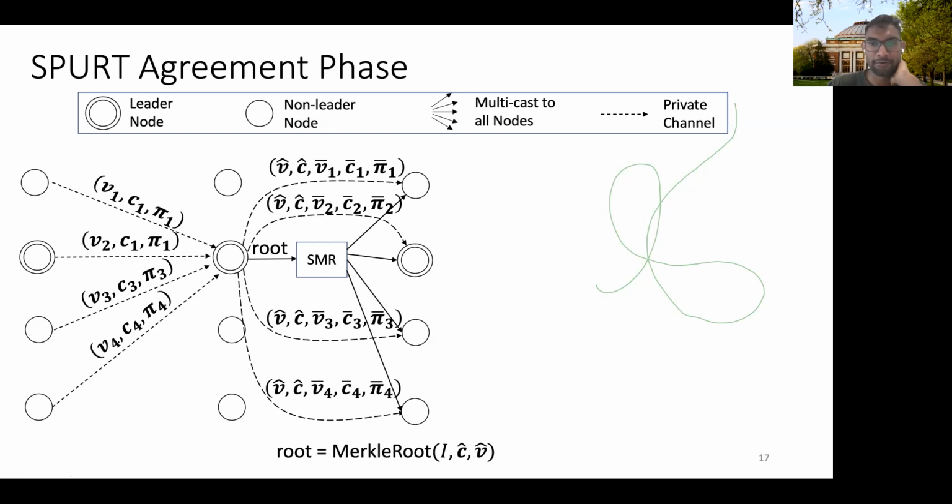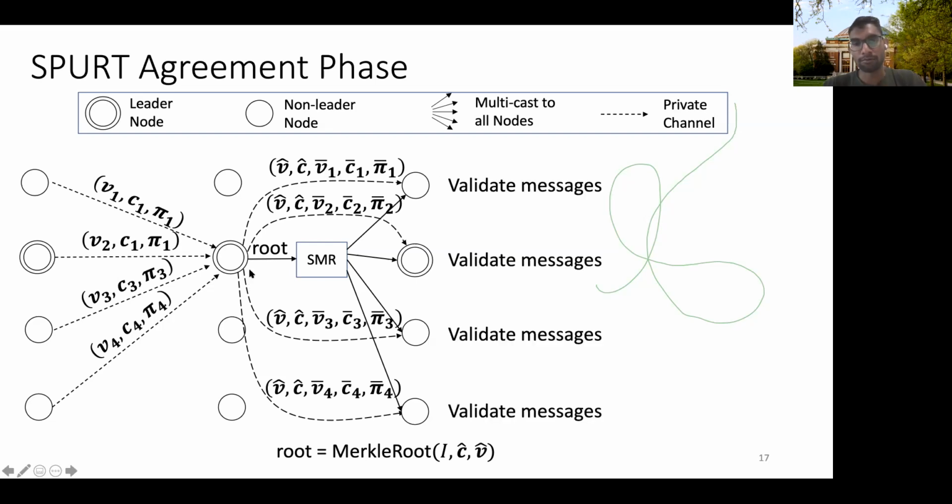Now, I think you can design the rest of the protocol. It's very straightforward. Each node will receive the root from the broadcast channel and also some private messages. Each node will locally validate that it received valid private messages from the leader, and if it does, it sends a vote that the leader indeed did his job correctly.